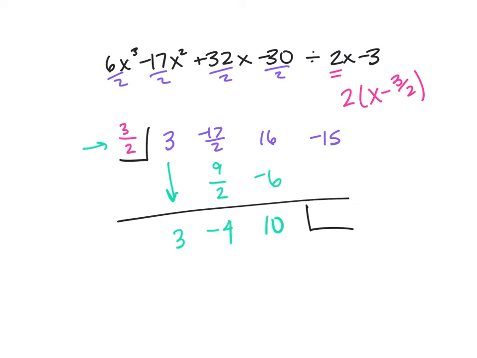And 3 halves times 10 gives us 15. So this one actually works out as well to get 0. So we end up with 3x squared minus 4x plus 10.